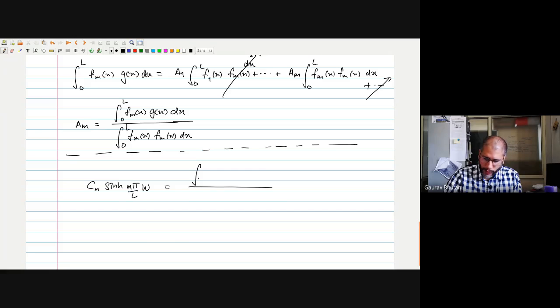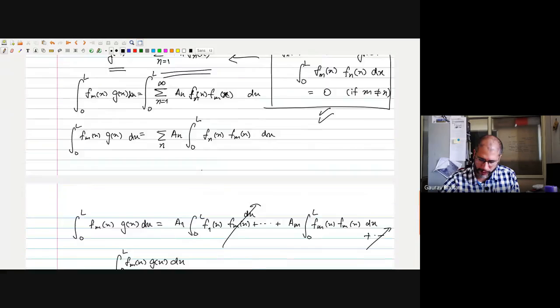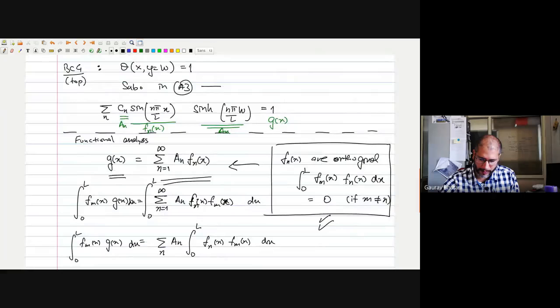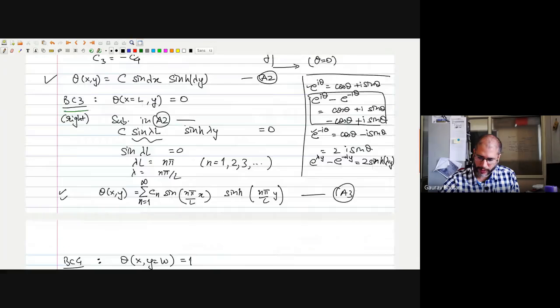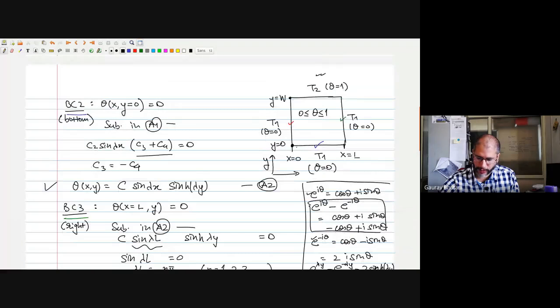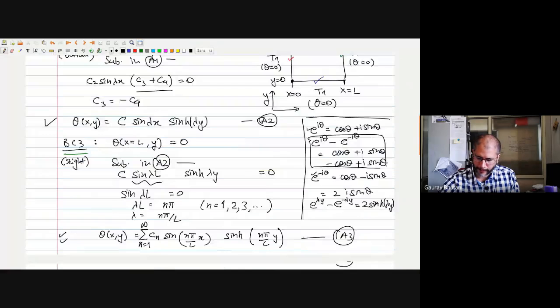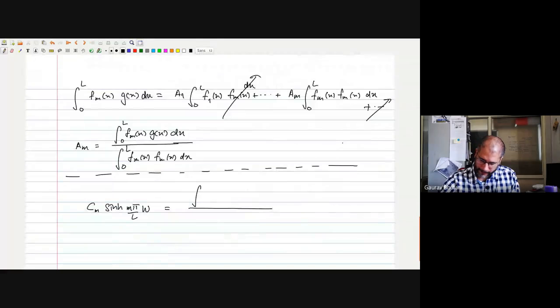In this case, my domain for f_n, which is sine(n pi/L times x), is from 0 to L, because x varies from 0 to L. So the numerator is the integral from 0 to L of f_m, which is sine(m pi/L times x), times g(x), where g(x) is 1.